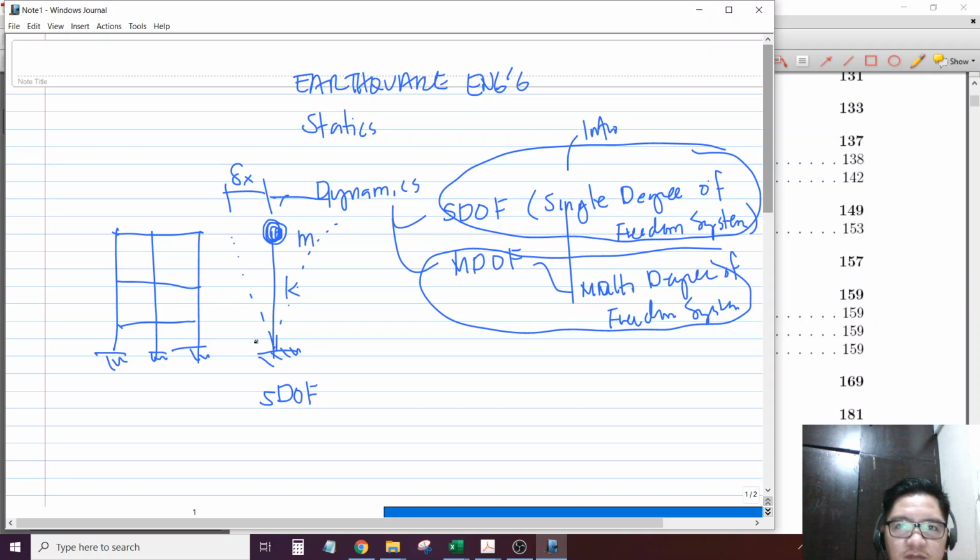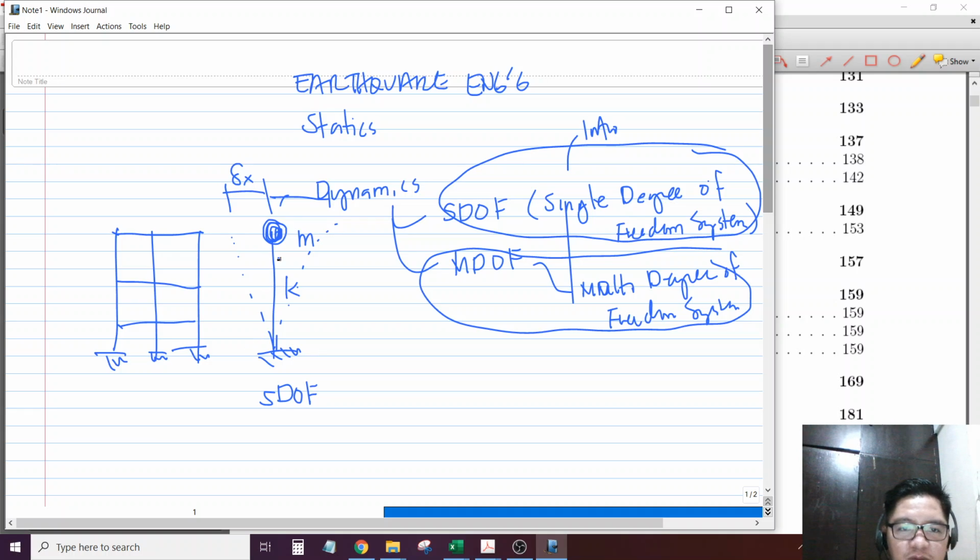If we didn't do that, you would require a very efficient supercomputer to analyze, because the analysis of a building depends on the degrees of freedom you assume.